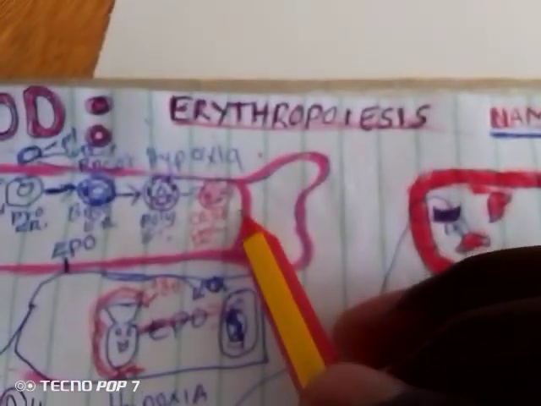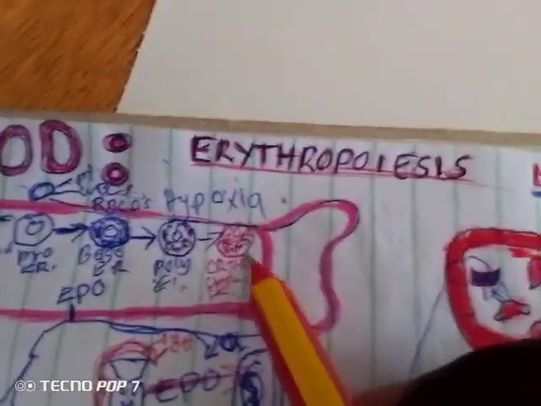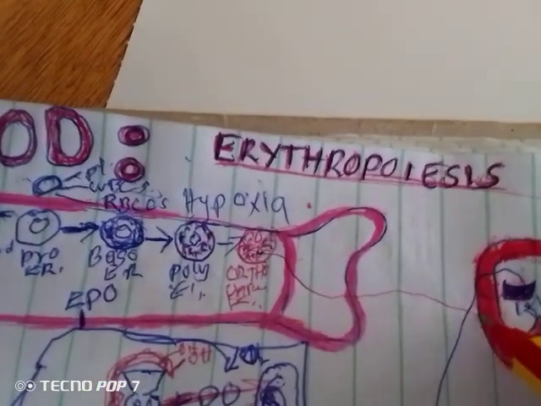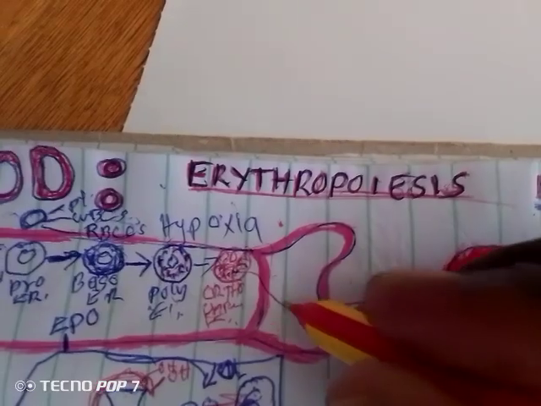Now, when the nucleus and also the organelles like the mitochondria have been ejected out, the cell enters into the sinusoidal capillary.